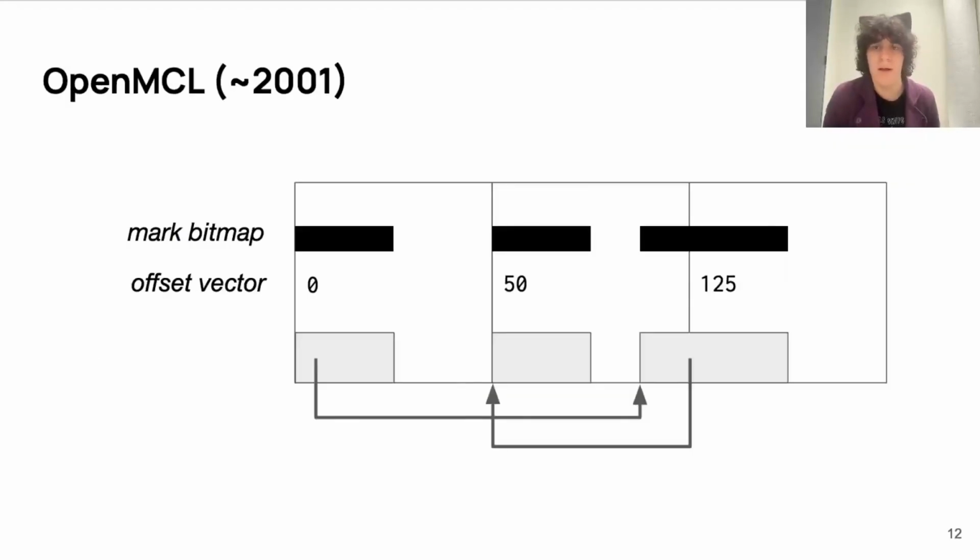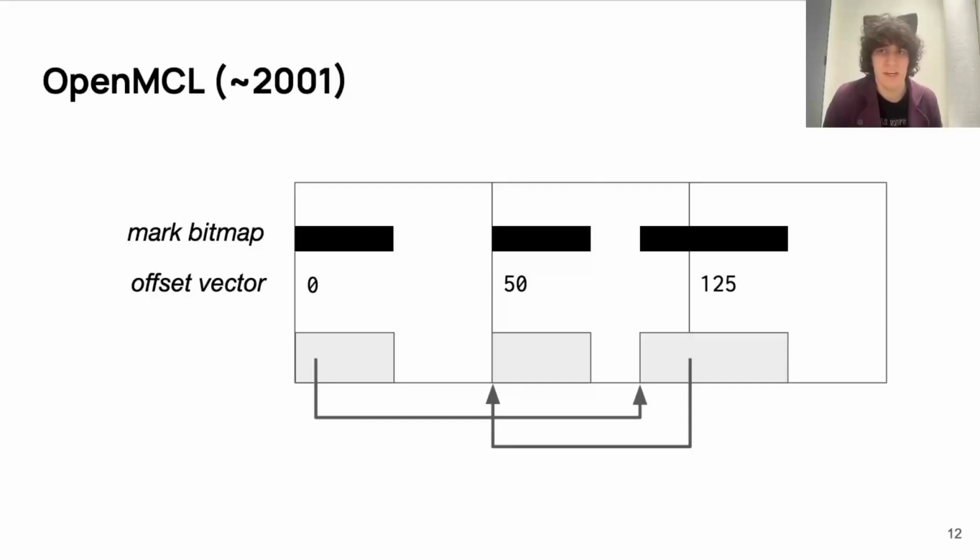Now, the simple offset vector compactor I described before is almost exactly that used in OpenMCL, which was originally known as Macintosh Common Lisp in the 80s, renamed several times, and now it's known as Clozure Common Lisp, Clozure spelled with a Z. The first open source release of OpenMCL had this collector algorithm in 2001, but there are references to the algorithm having existed since 1996.